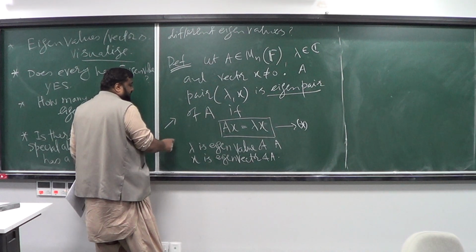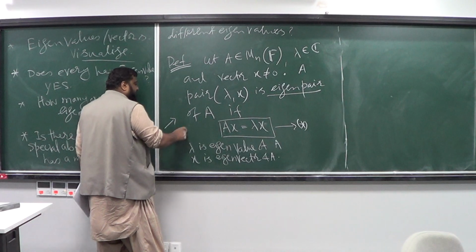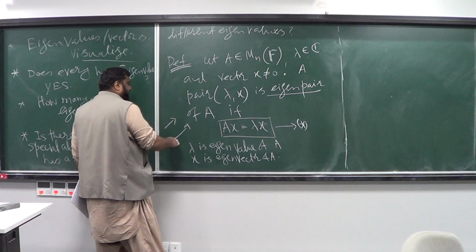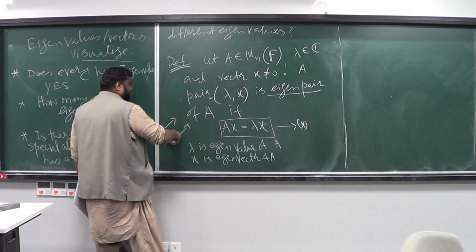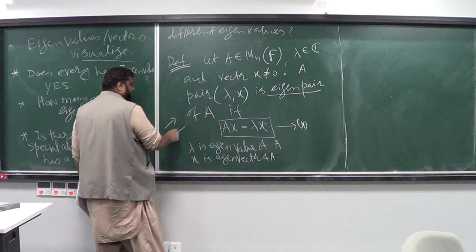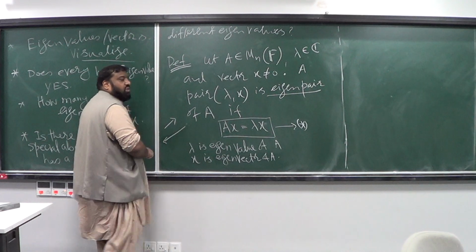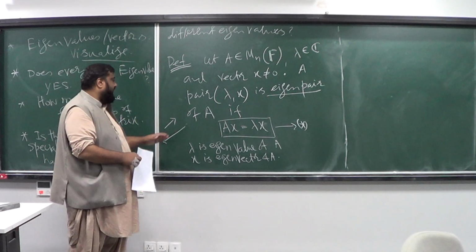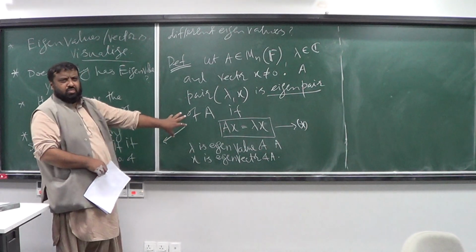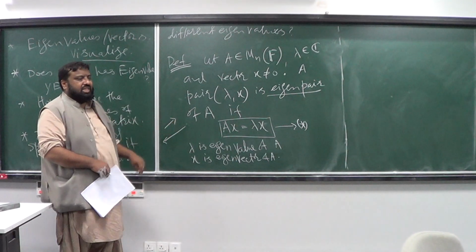So the matrix A returns the same vector, but this vector can have a bigger size, it can have a smaller size, and if lambda is negative, it can change direction as well, but it should be parallel to the vector x.